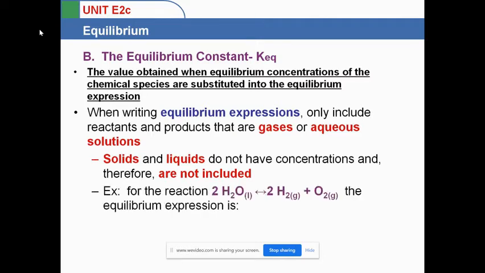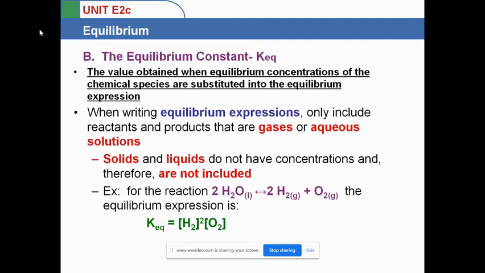For example, if liquid water reacts to form hydrogen gas and oxygen gas in this equation, then the equilibrium expression would be KEQ equal to the products H2 times O2. Normally we would divide by the reactants, but since the reactant is a liquid, it's not included. So the KEQ would simply be H2 concentration times O2 concentration.